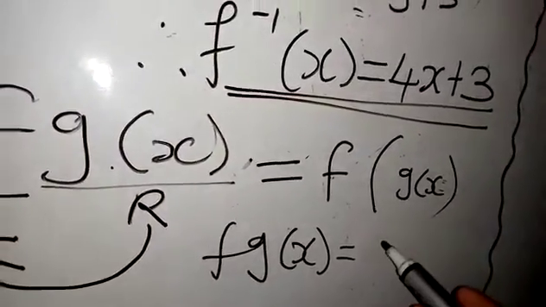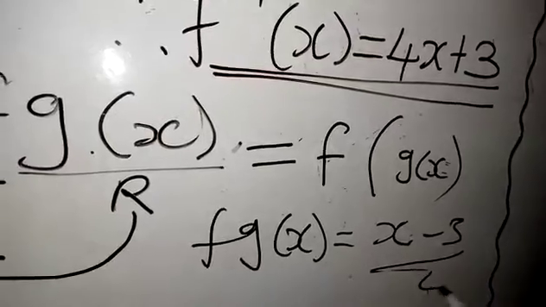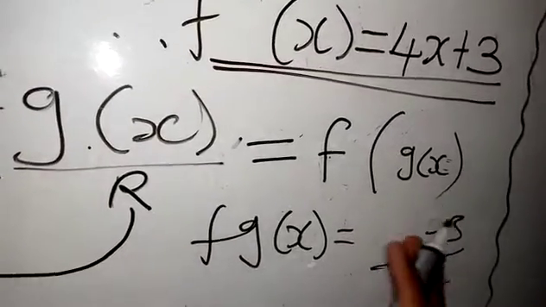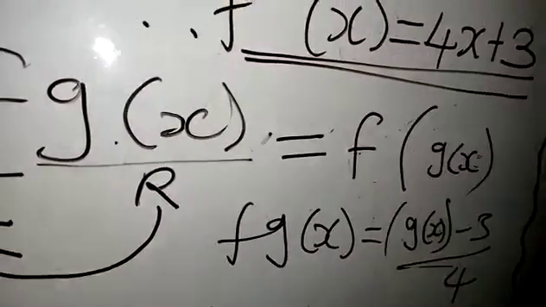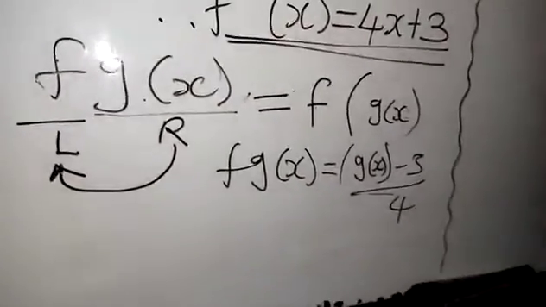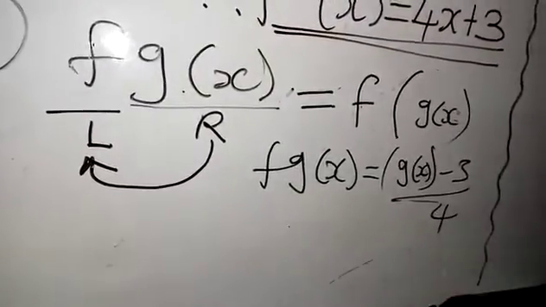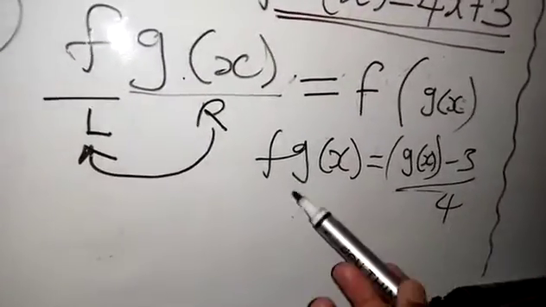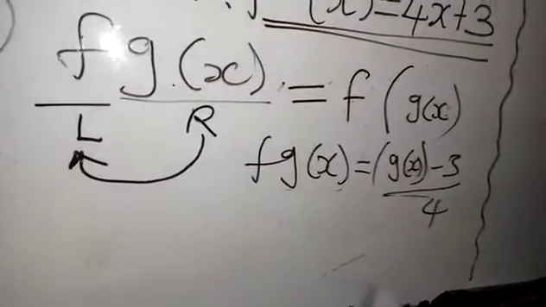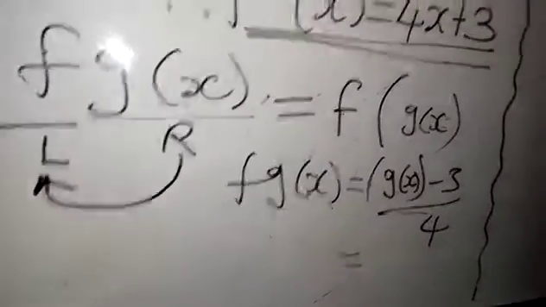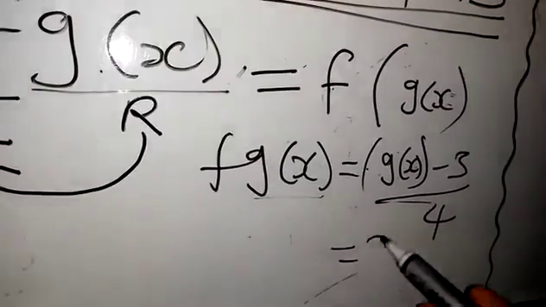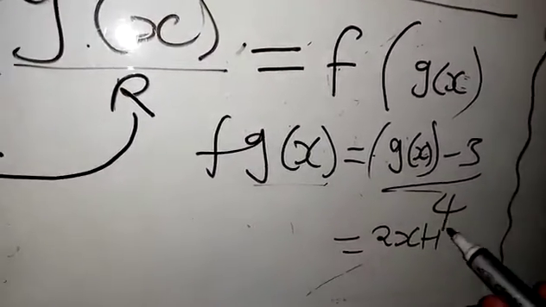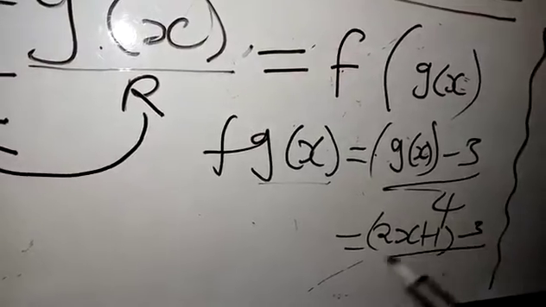Here we had x, but on x we are putting what is on the right. G of x is given here, 2x plus 1. You substitute it here. You say 2x plus 1 minus 3 over 4.